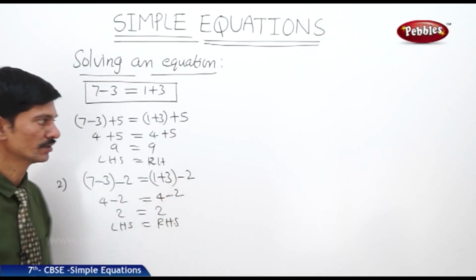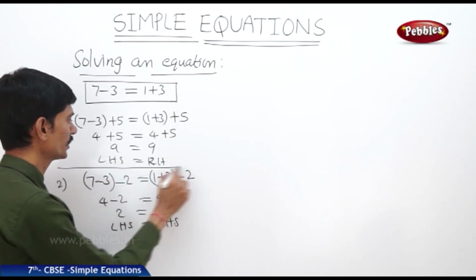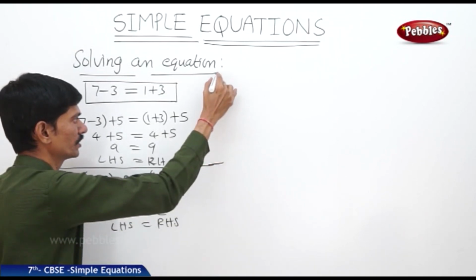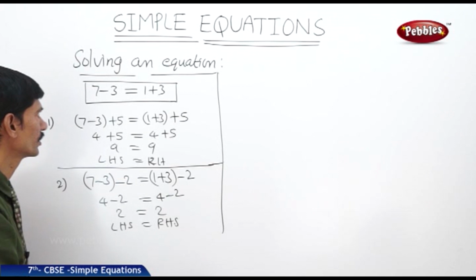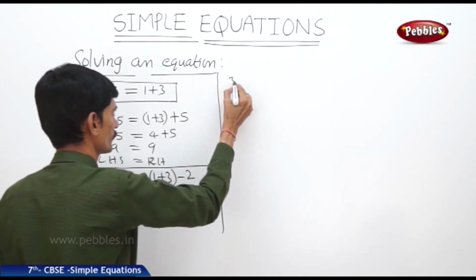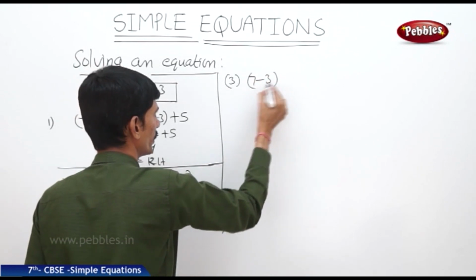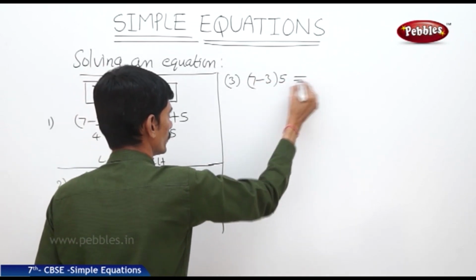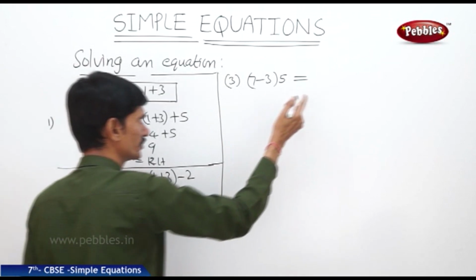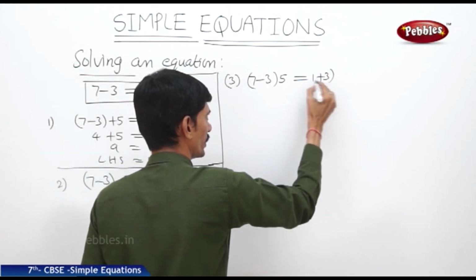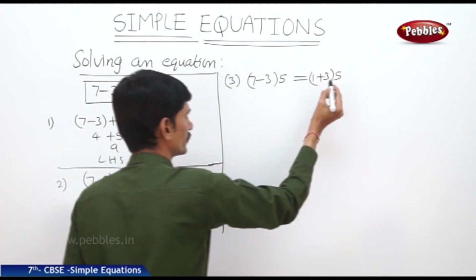it is not changed. Now let us multiply both sides of the equation by the same non-zero number. Here 7 minus 3 is multiplied by 5, and RHS 1 plus 3 is also multiplied by 5.